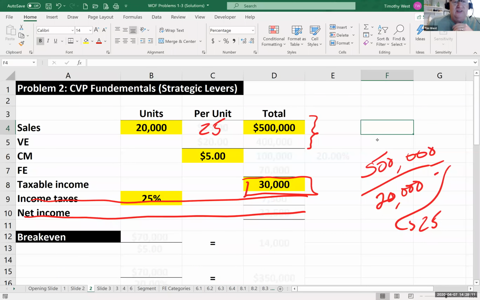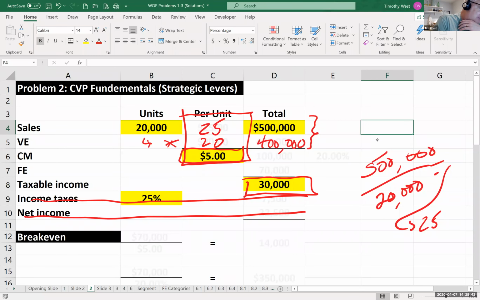And once I know that, what's the next number I can get? You're given the contribution margin per unit is $5. Sales per unit minus variable expenses per unit equals the contribution margin. Again, 2 of the 3, so variable expenses per unit has to be 20. Once I know these per unit, remember it's the 20,000 times the 20, and that'll give me the 400,000.